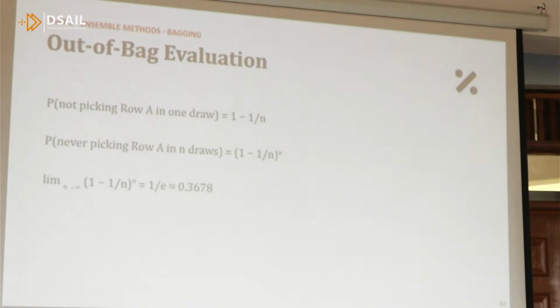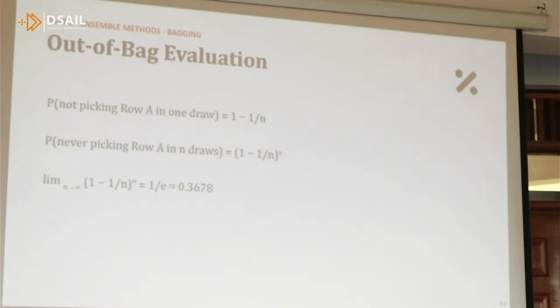Now, if you take the limit as n approaches infinity, you get the inverse of the natural base e. This is an interesting discovery as well. If you remember calculus and the formulation of e, e is the limit as n approaches infinity of (1 plus 1 over n) to the n. Here, it's 1 over e, and that gives us 0.3678.